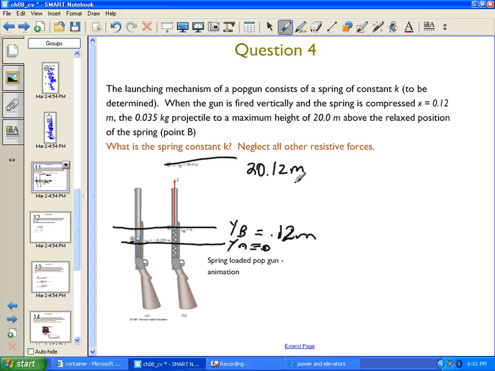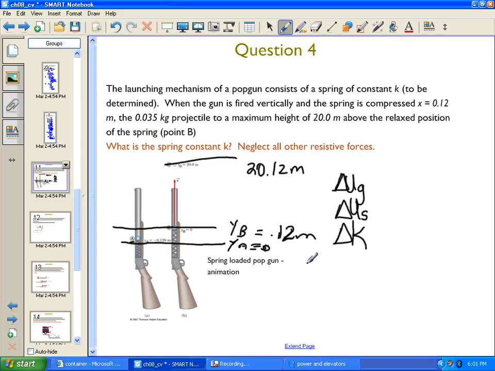Now, the other thing that I'd like to point out about this problem is that we are going to have not only gravitational potential energy, in other words, values of delta U_G, but we also have spring potential energy, as well as kinetic energy, since our projectile will be moving.